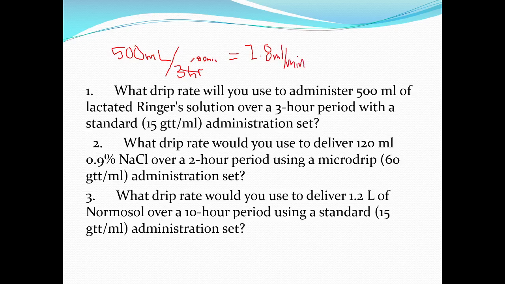Which again, we're not going to sit there and count mils per minute, right? Let's change this to mils per second, and then we'll change it to drops per second. So how do we change it to seconds? 1 minute is 60 seconds. So 2.8 divided by 60 is 0.05 mils per second.